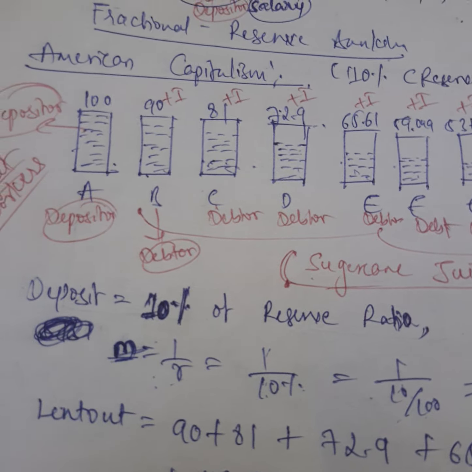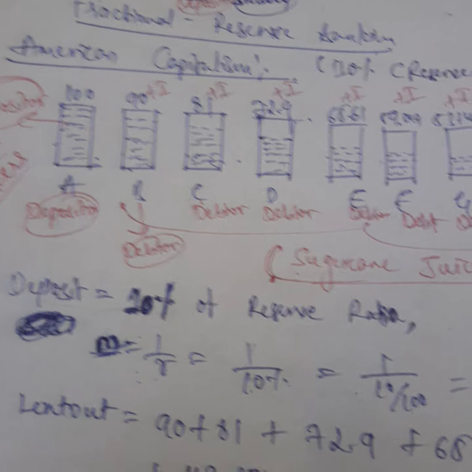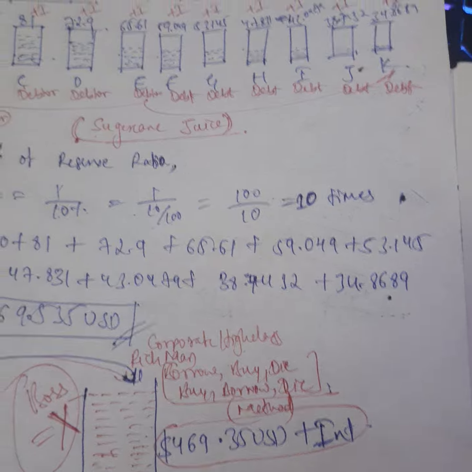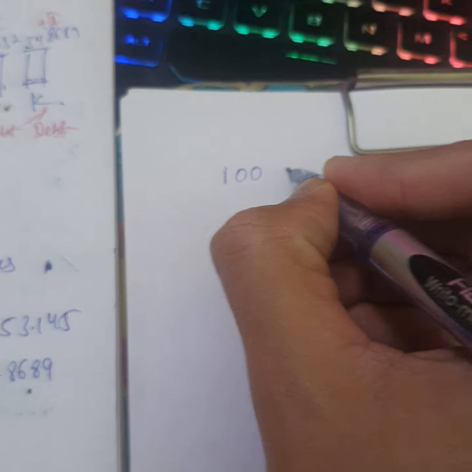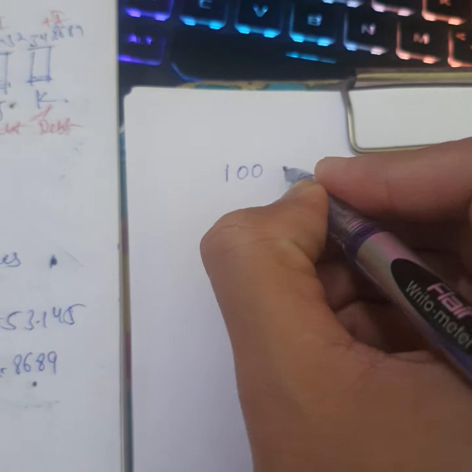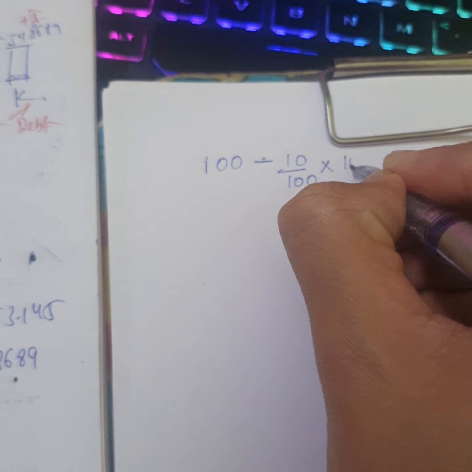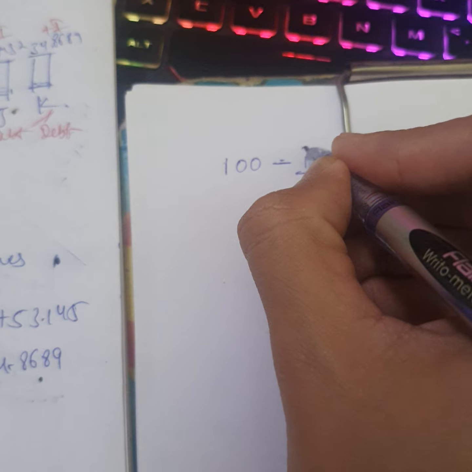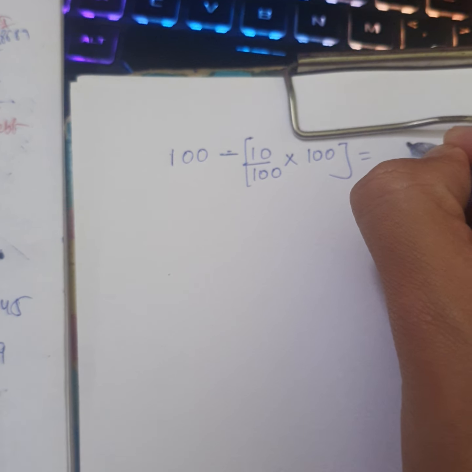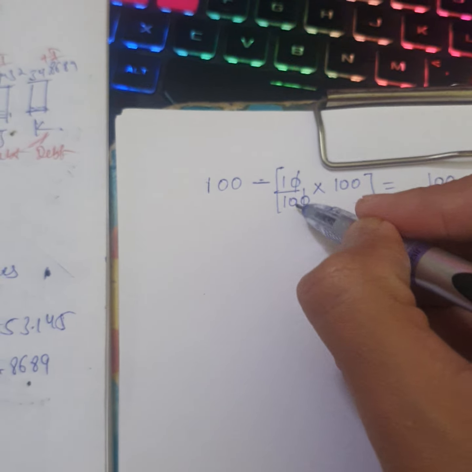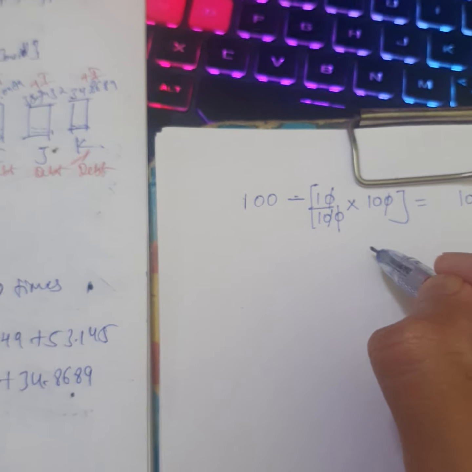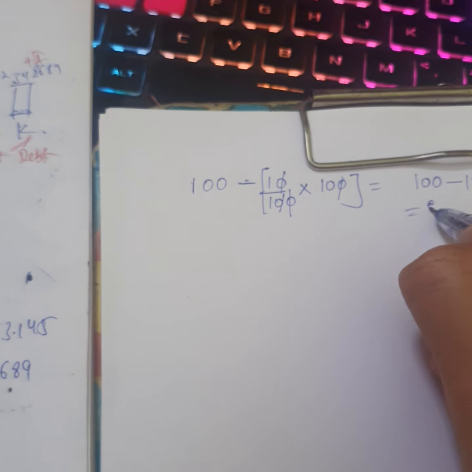Here is the cost: 100, 90, 81. See all these values. How is this calculated? Now see, 100 minus 10%, 10 by 100 into 100, so 100 minus 10, the zeros cancel, gives 90.